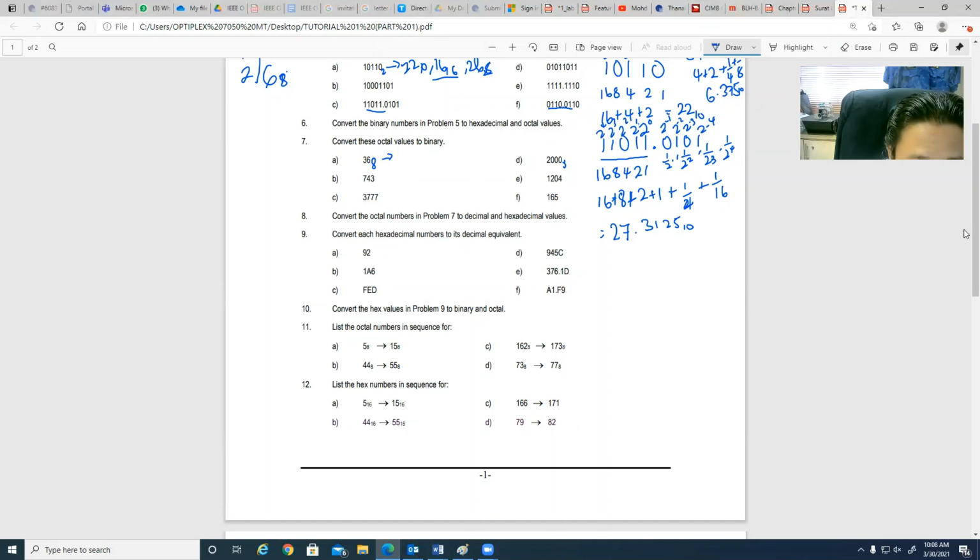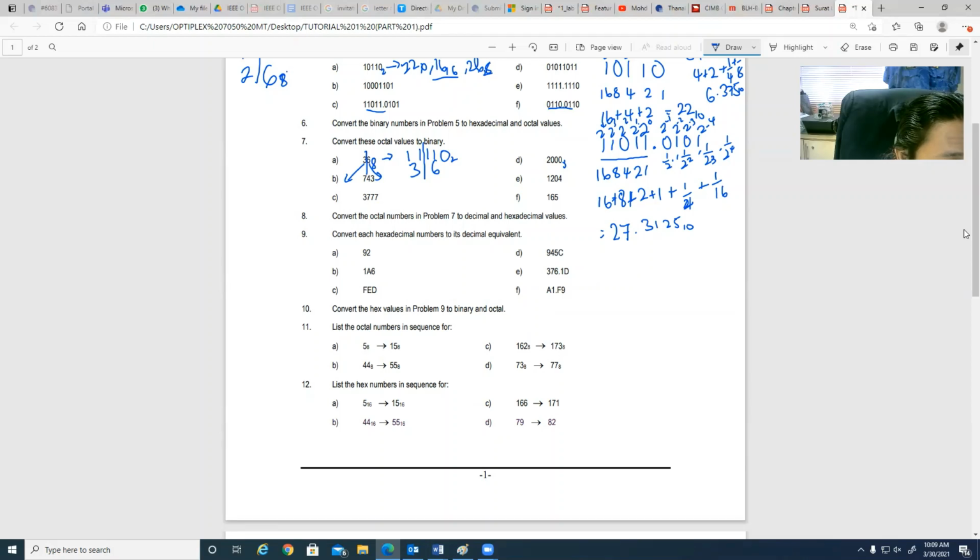For example, you can divide by 2, and the answer will be 11110, which means 6. So this is a 6, this is a 3, and this is the binary. You have to convert 6 into binary and convert 3 into binary, so you can combine them like this.